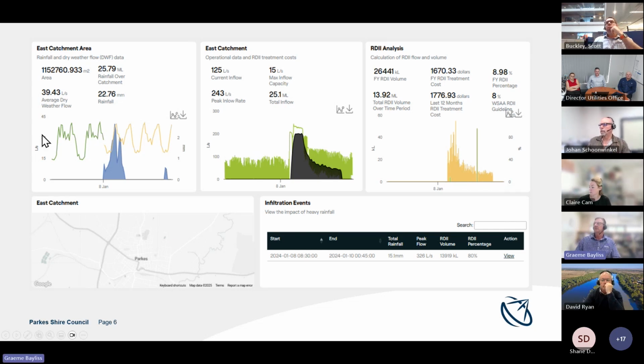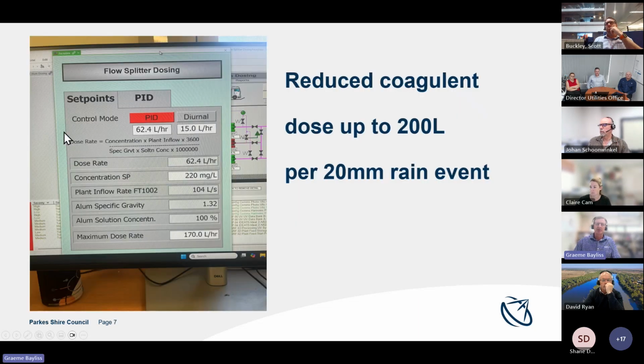That led, after sharing this information with the operators, I'm not sure whether the other people at the treatment plant have the PID flow for your coagulant dosing, or the diurnal flow. So we normally go with the PID flow, just based on the flow coming in, you dose to that amount of flow. But seeing those figures and how much it was costing us per rain event, we came up with a protocol.